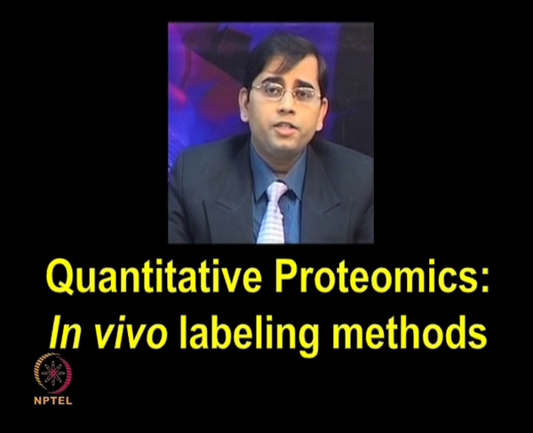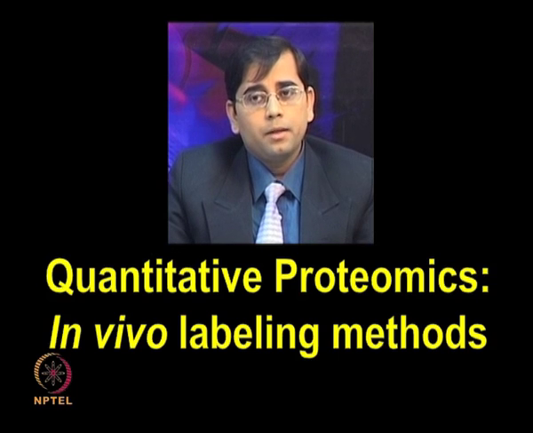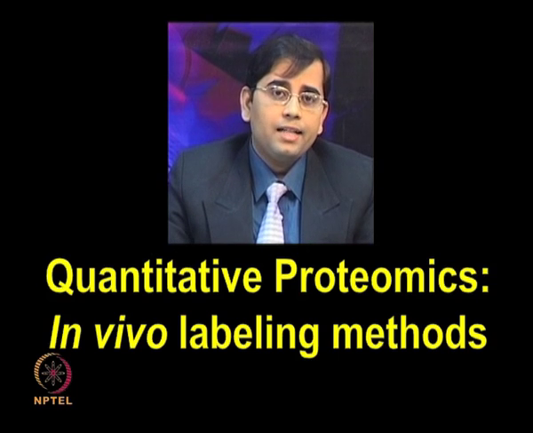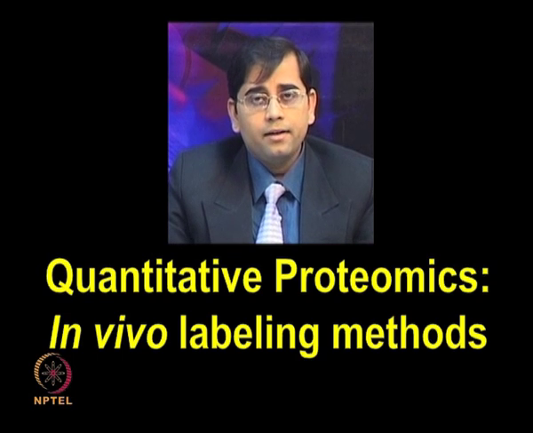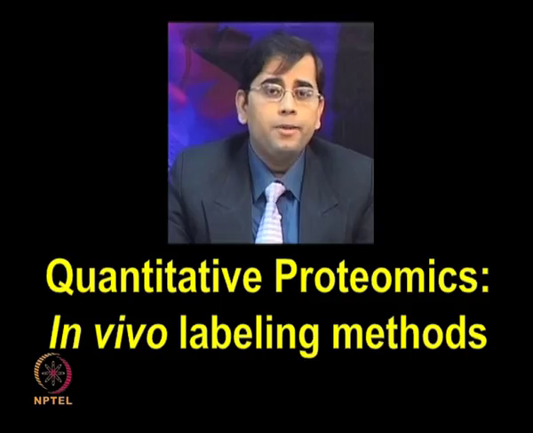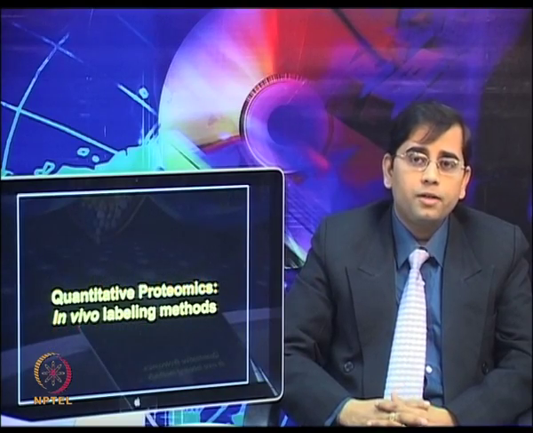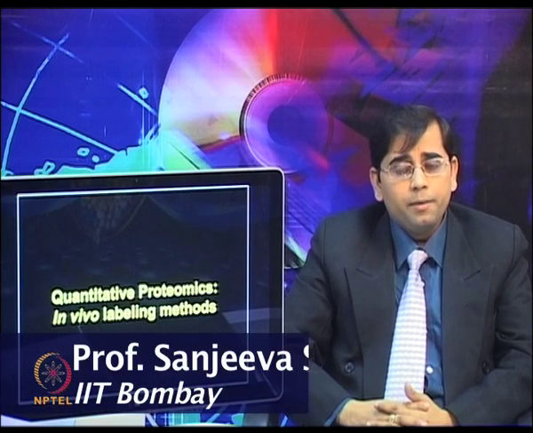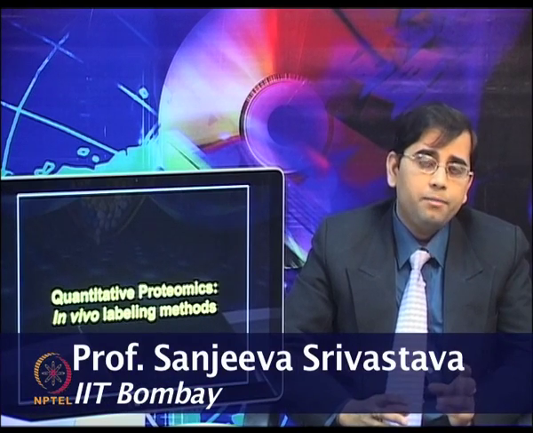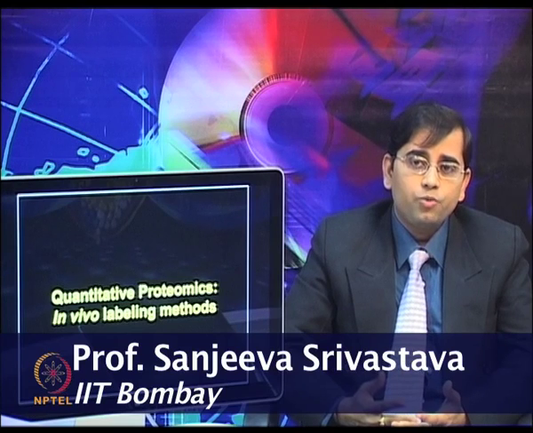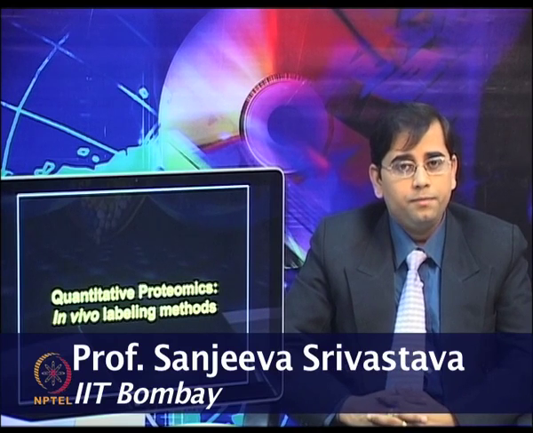So, most of the quantitative proteomic approaches by MS utilize isotopic labels as a reference for either relative or absolute quantitation. These labels can be introduced in vivo, for example, by growing an organism in a media enriched with specific isotopes.